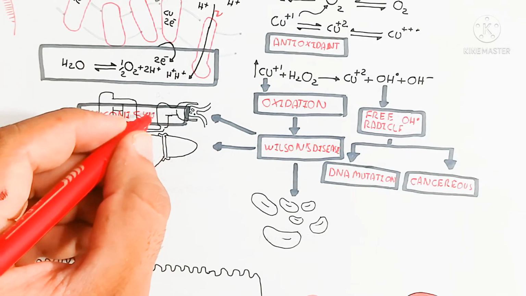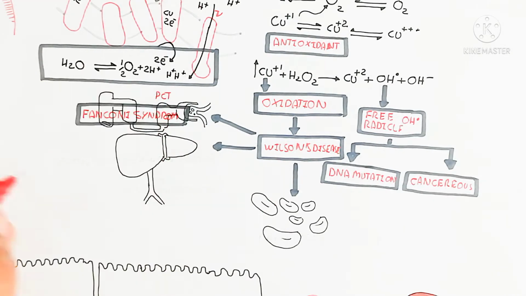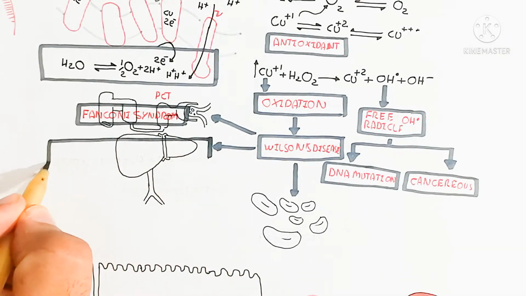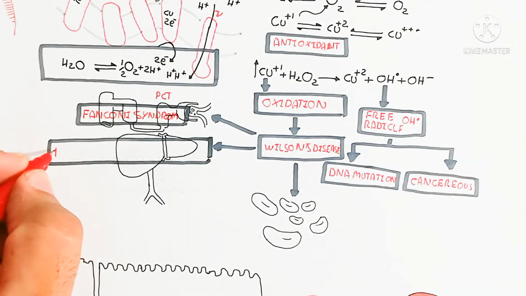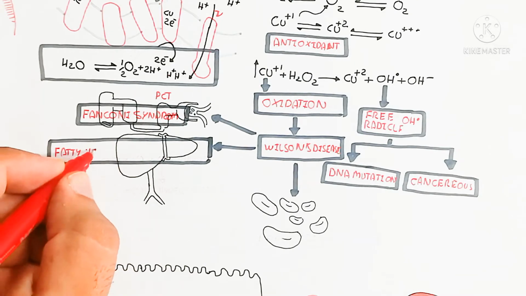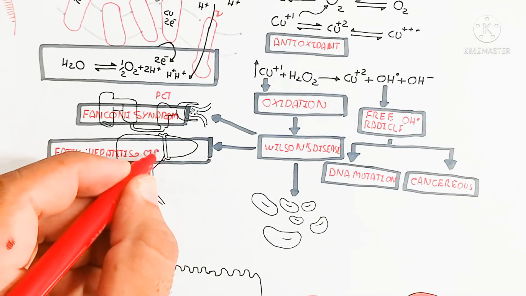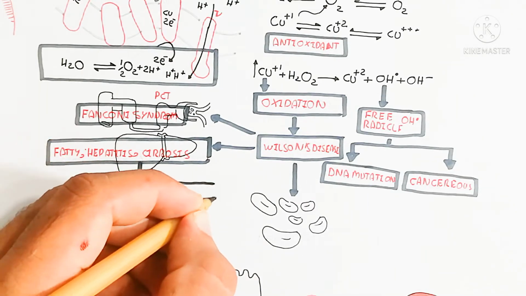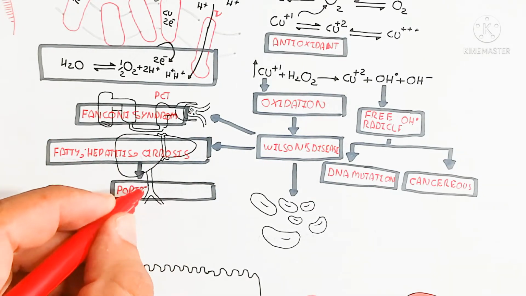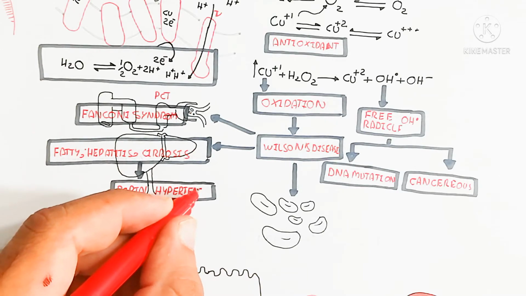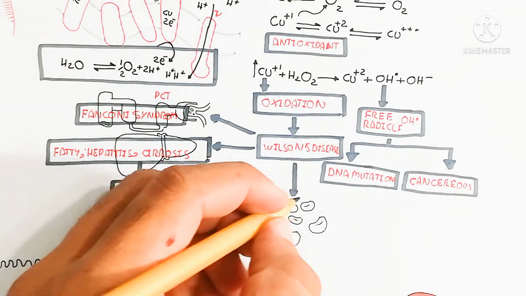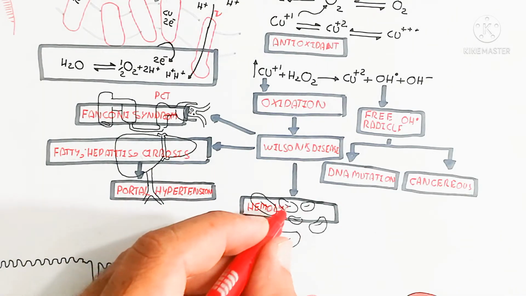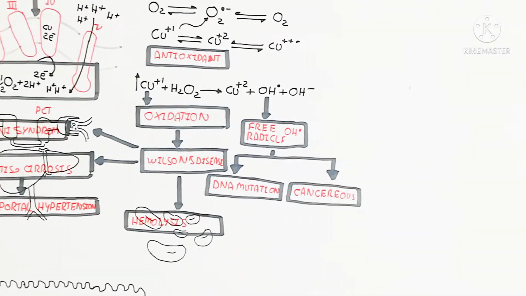In the nephron, it causes Fanconi syndrome. Fanconi syndrome occurs in the proximal convoluted tubule, and is basically caused by Wilson disease. Wilson disease also leads to fatty liver, hepatitis A, B, C, cirrhosis of the liver, and portal hypertension. On the other hand, hemolysis will occur, the breakdown of the red blood cells. So that is important.